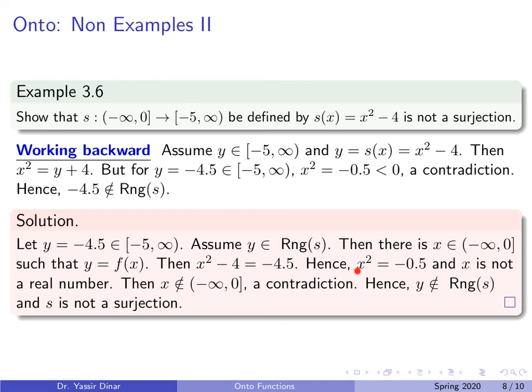But that means x is not a real number, because for all real numbers, x squared is non-negative. And that means x is not in the interval from minus infinity to 0, which gives me a contradiction. So x is in the interval, but also is not, and this gives me a contradiction. That means my assumption that y is in the range is wrong, and that means s is not a surjection. This ends the second part about onto functions.